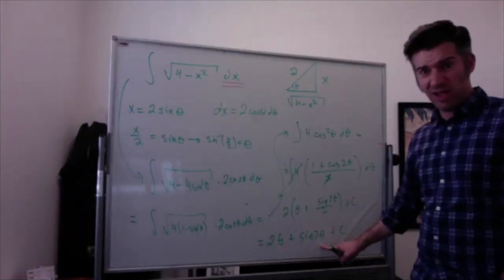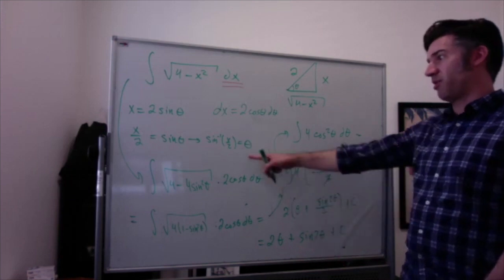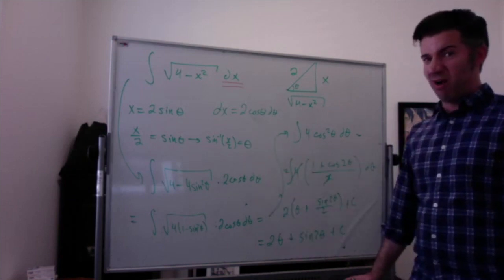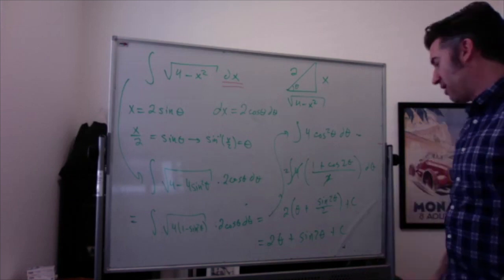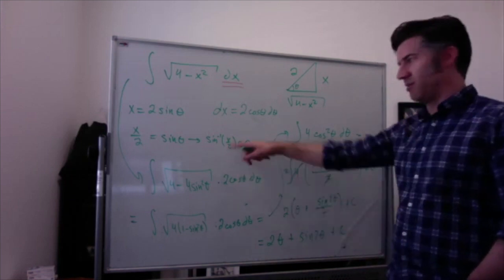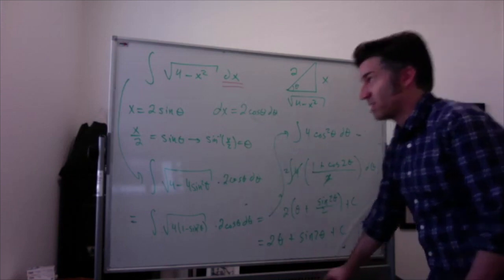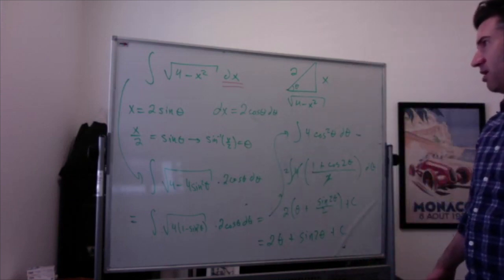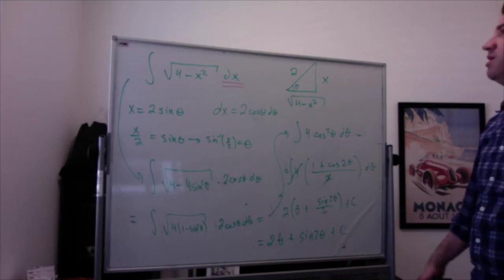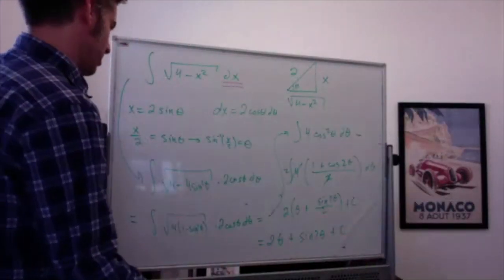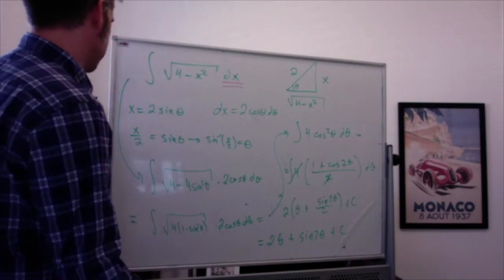Sine of 2 theta? I'm not just going to plug in. Even though it wouldn't be wrong, it's kind of wrong. I'm not going to write sine of 2 times inverse sine of x over 2. Here's what we're expected to do at this point. I don't even know where to write things. I guess I'll go to the other side.